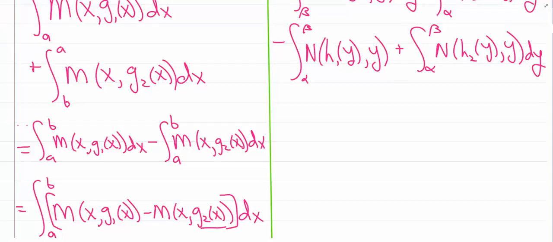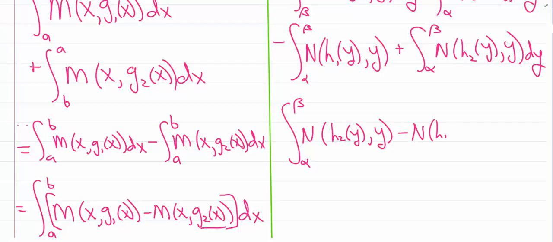Here's what I have. Let me not put the negative there. I'm going to have the integral from alpha to beta of n of H2 of y minus n of H1 of y dy.